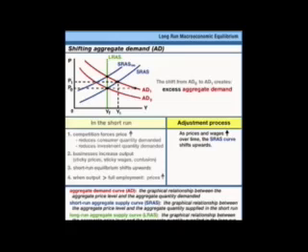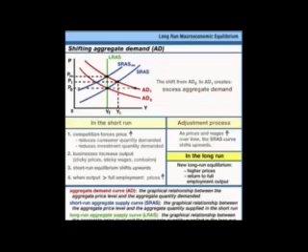The curve will shift up, as I just showed you. That is, we're going to move along the aggregate demand curve as businesses cut back their production and raise their prices. And finally, we wind up at this new long-run macroeconomic equilibrium where the red curve intersects the blue curve, intersects the green curve. So, in long-run macroeconomic equilibrium, firms pass the rising prices on to their customers until aggregate demand is choked back to full employment.